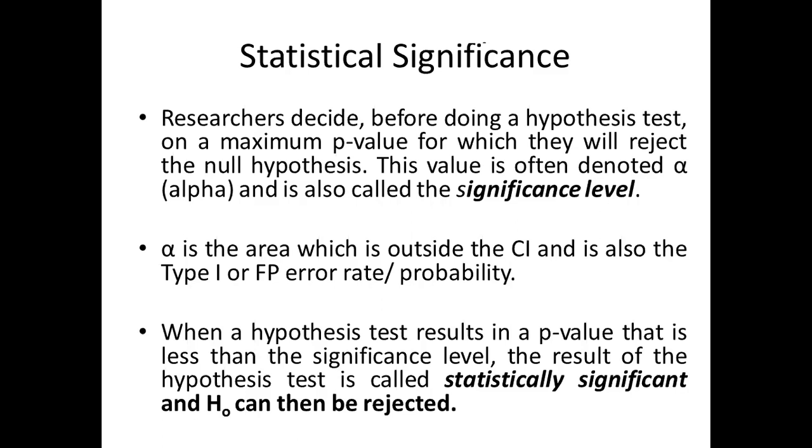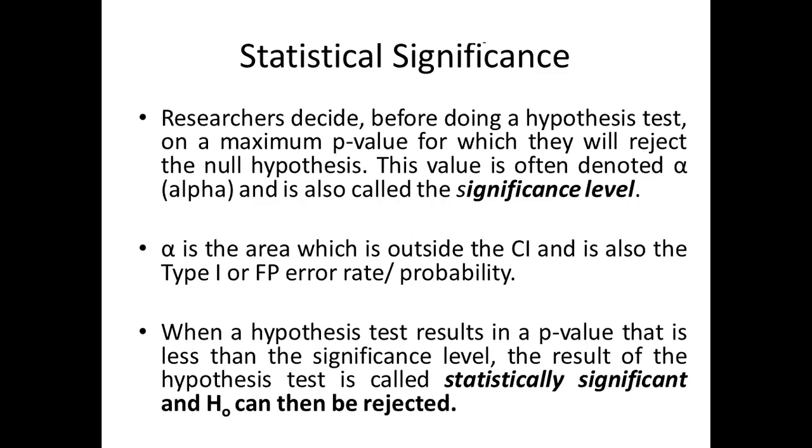Whatever the case, researchers have to decide before starting the hypothesis testing at which thresholds of probability they are going to do it. Those levels of probability at which they reject the null hypothesis are called the significance levels.